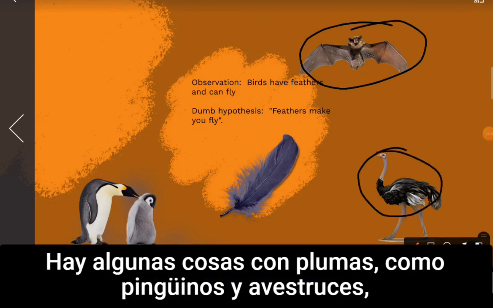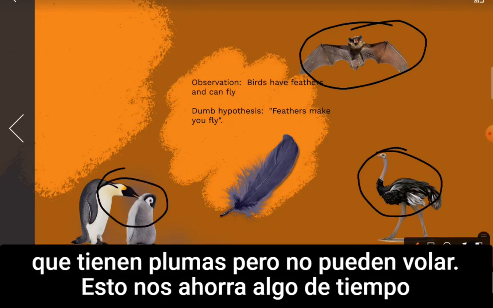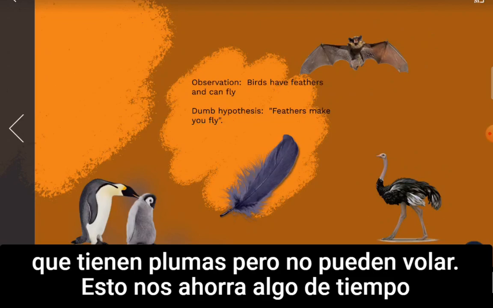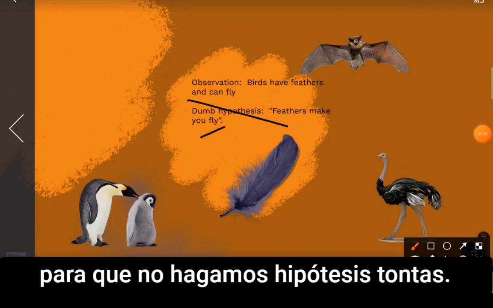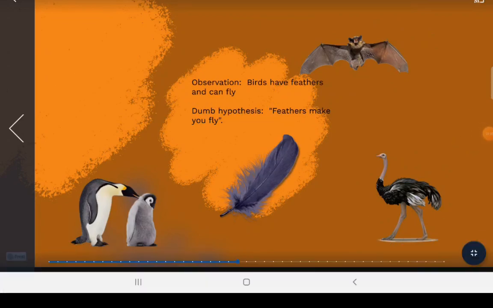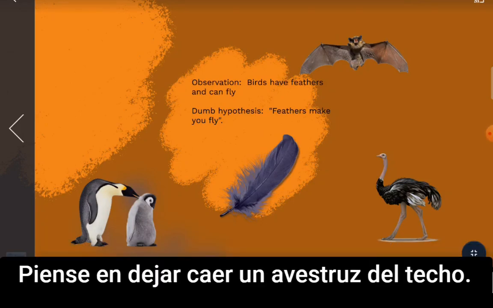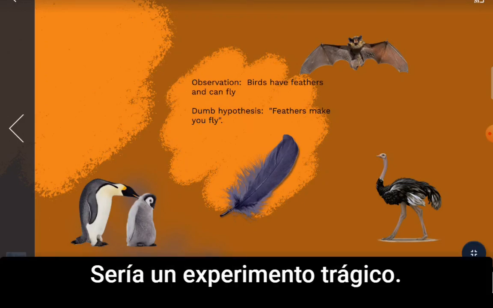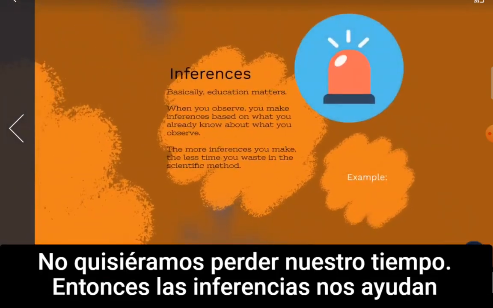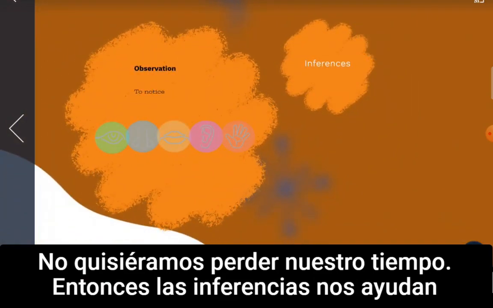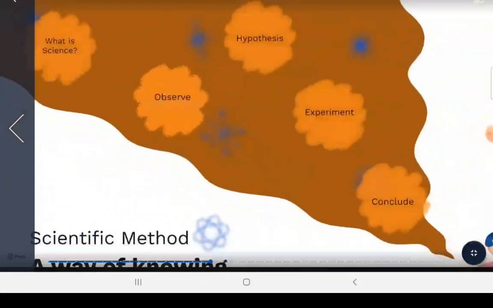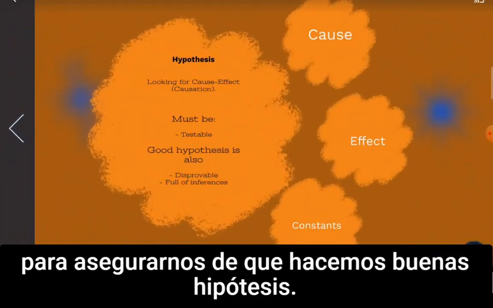There are some things with feathers, like penguins and ostriches, that do have feathers but can't fly. This saves us some time so that we don't make dumb hypotheses. If we did make this hypothesis, we'd have to experiment and think about dropping an ostrich from a roof. That would be a tragic experiment. We wouldn't want to waste our time. So, inferences help us to make sure we make good hypotheses.